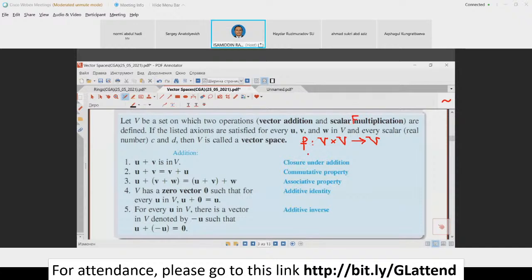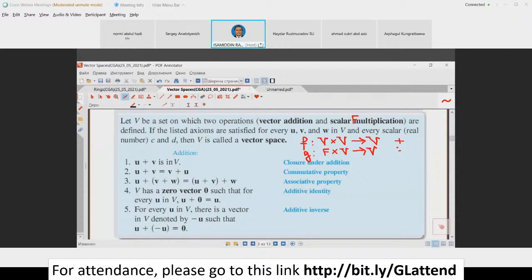So we have another function G from F cross V into V. Again, to simplify writing, this we will denote as a plus. This we will call multiplication by scalar, not product of two elements from V, but scalar times an element of V.